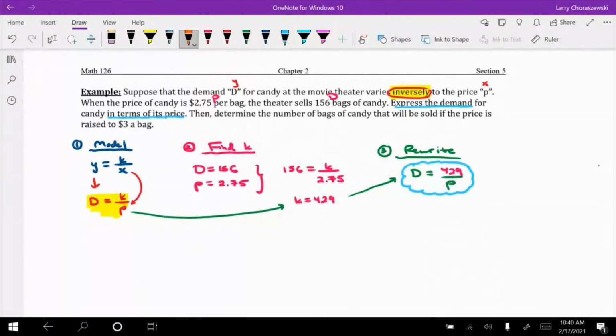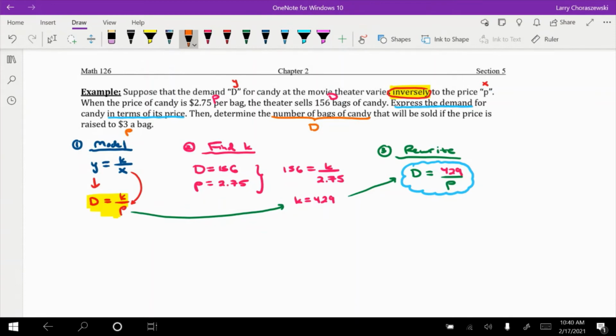There is that fourth step though, like we saw in the last problem. It says determine the number of bags of candy. That's referring to a new demand, specifically a demand when the price is raised to $3 per bag. So what do you guys expect to happen?